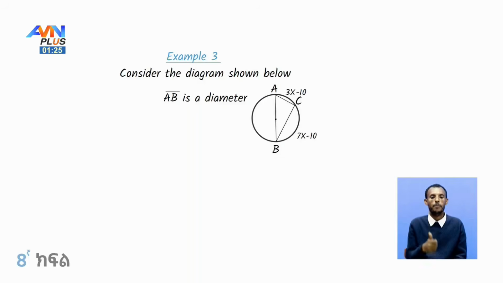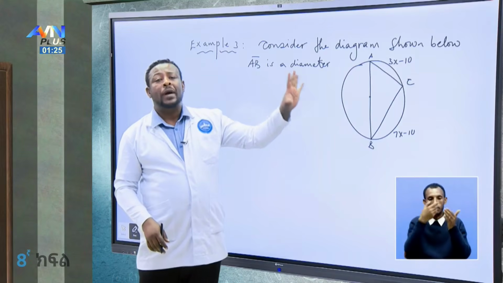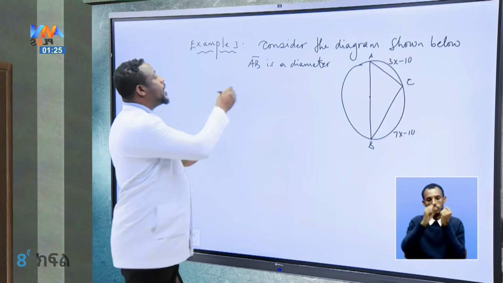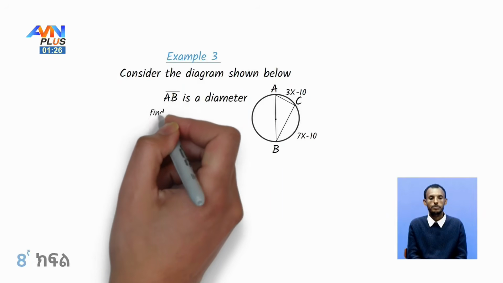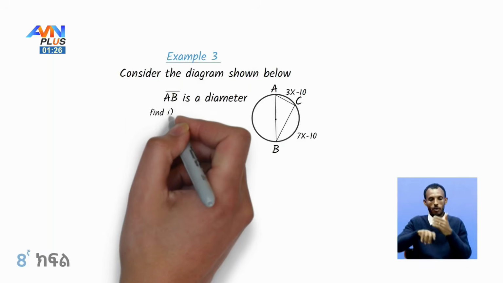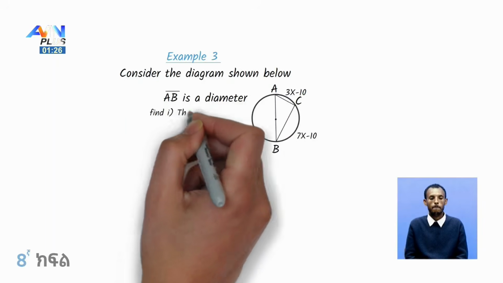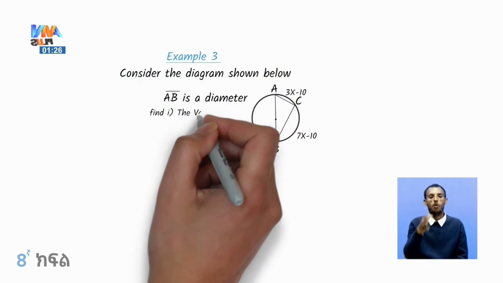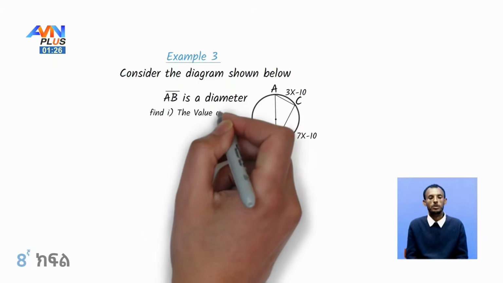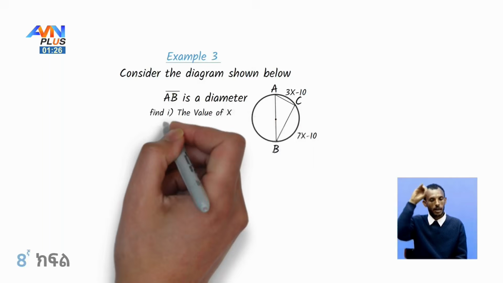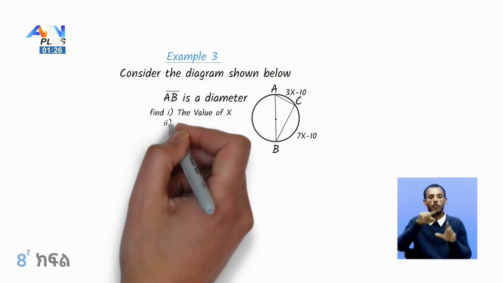Okay, we have all this information. Based on this information, find number one, the value of x. Number two, the degree measure of angle ACB.